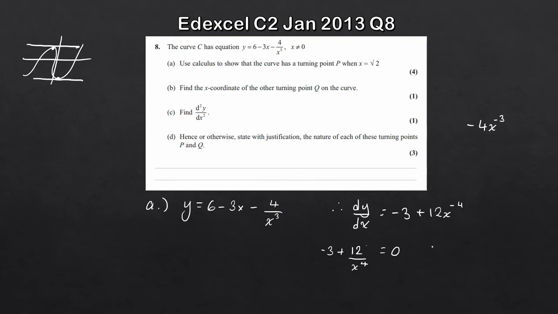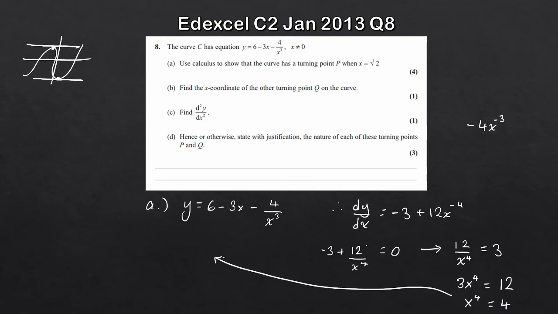Or if we solve that like we're mentioning, 12 over x to the 4 would be equal to 3. Then we could write that as 3x to the 4, which is equal to 12. Divide both sides by 3, so x to the 4 is equal to 4. And then to solve this power of 4 here, remember, that's the same as square rooting and then square rooting again.